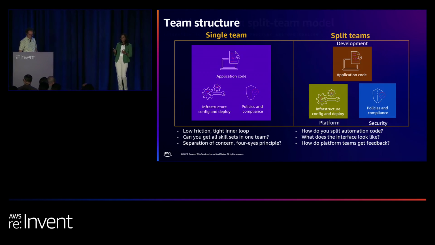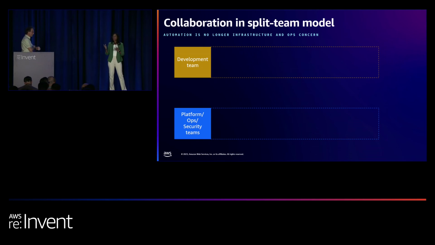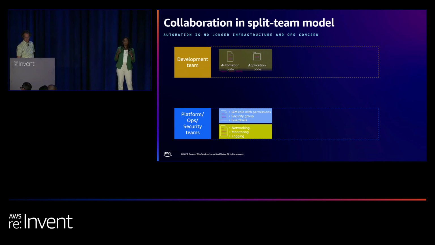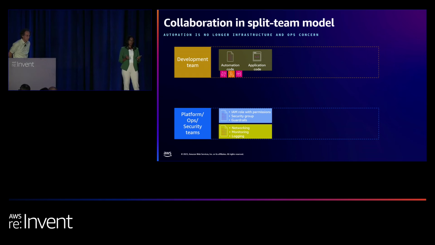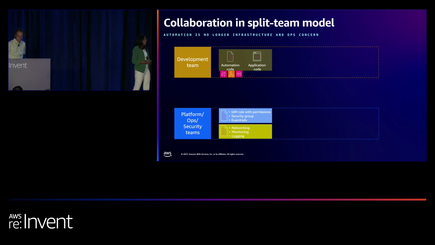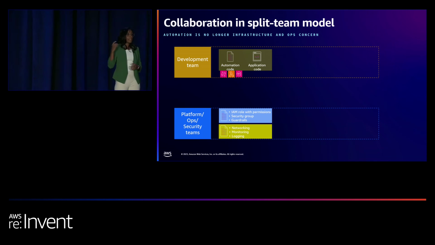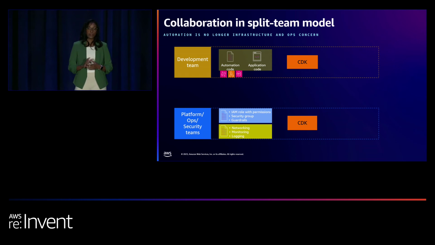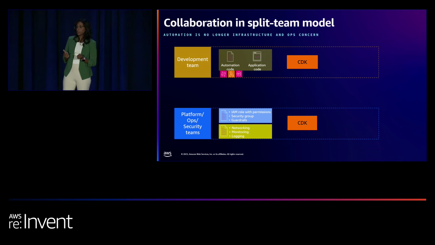So we have some recommendations for you. Now, if you have split teams in your organization, your platform or your infrastructure team can focus on the foundational services like your networking, your monitoring, your logging, security, which forms the core on which the applications would be built. Your application team now writes the application code, but in addition, will also be responsible for automating all that application-specific needs.